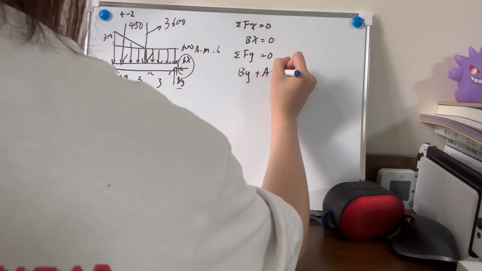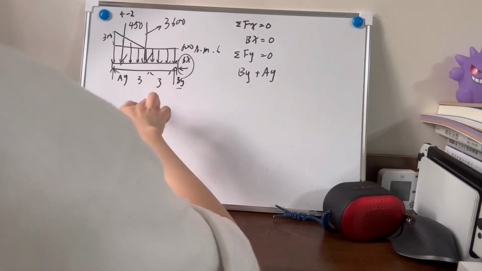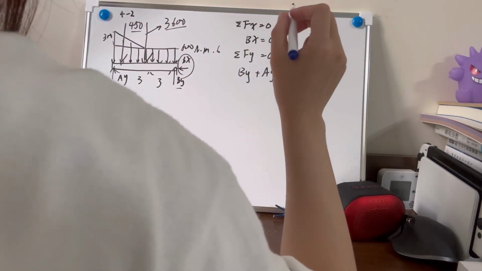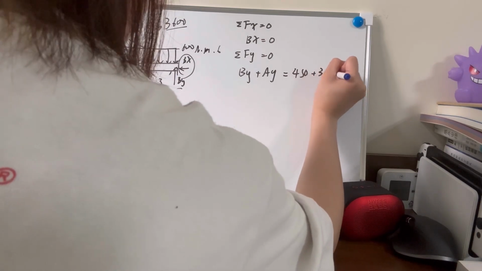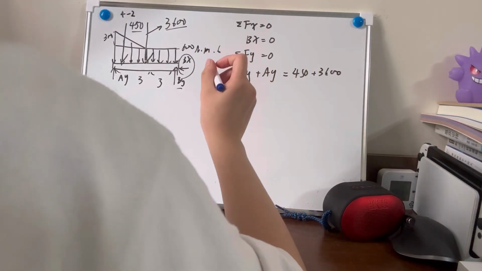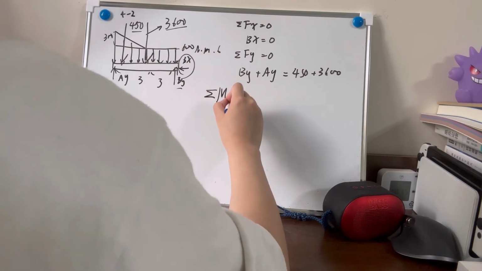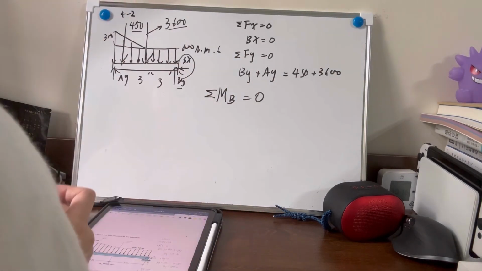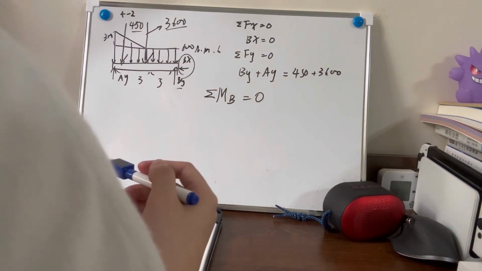here, and also this force and this force. And now we have to figure out the summation of moments at B, it is 0 because it's also equilibrium.